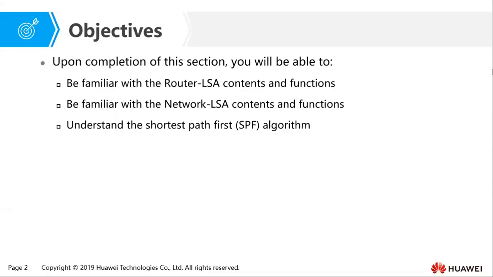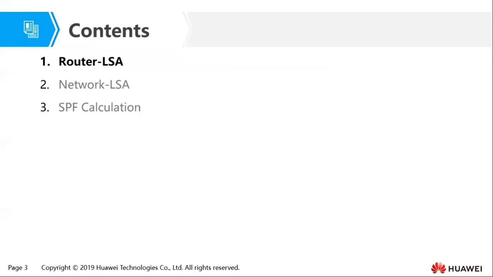So by the end of this chapter, you should be able to, Eric, please help us read this. Be familiar with the Router-LSA contents and functions. Be familiar with the Network-LSA contents and functions. Understand the shortest path first algorithm. Okay, thank you very much.